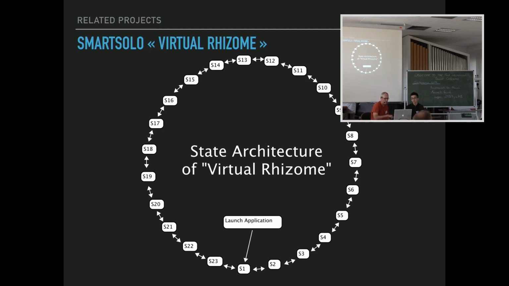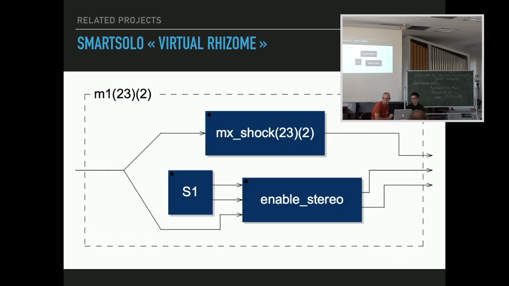So at the beginning, when you launch the application, you start at state 1. State 1 can be anything: a mini granular synthesizer, what you need, what you want. And with a simple gesture, you cross to another state, so state 2, or from state 1 go to state 23. It's a circle like that, and you have 2 with the same application.